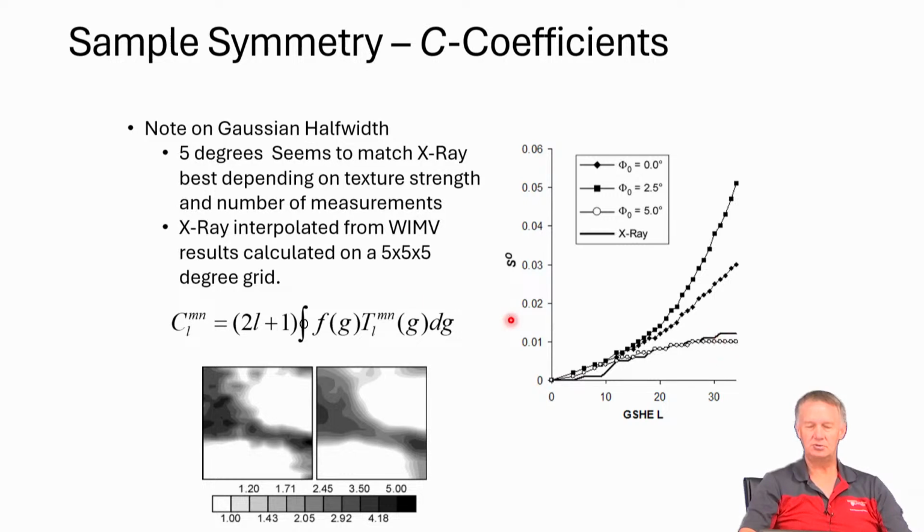And did we use... Doesn't tell us how many measurements we used on this one. I'm assuming we used a high number. And we still used a larger half-width to match that S0 value that we were calculating for texture strength.